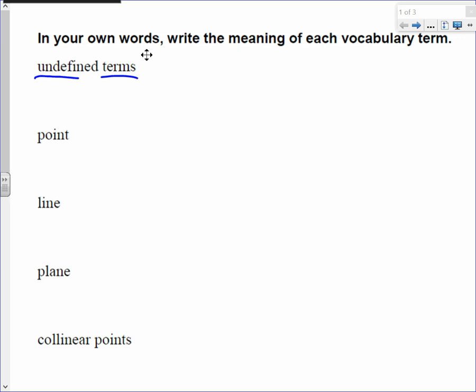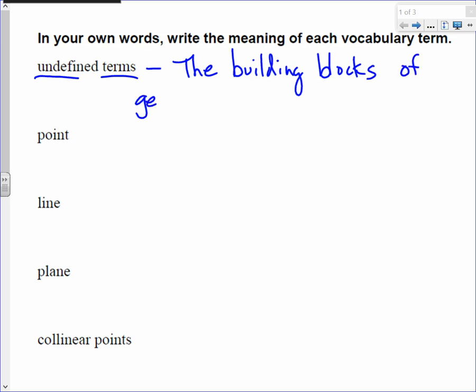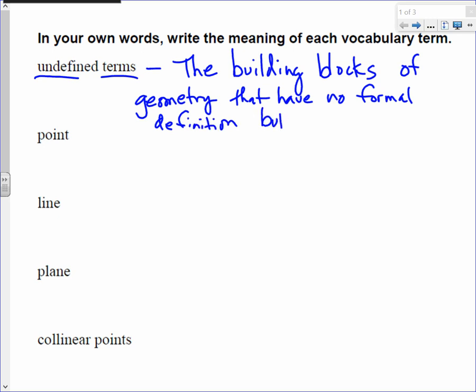Okay, so I'm going to write: the building blocks of geometry that have no formal definition, but are used to define everything else.